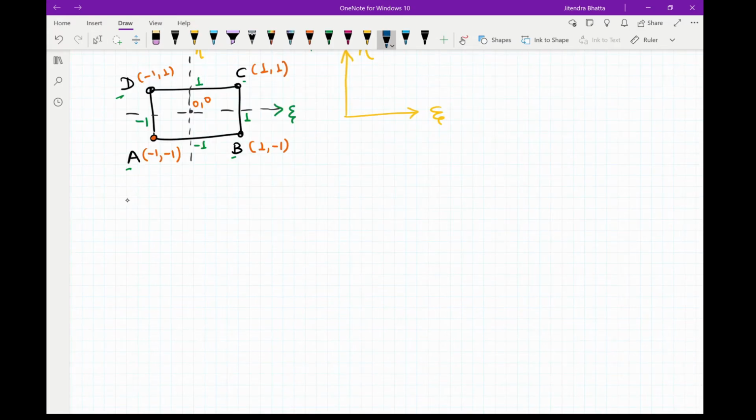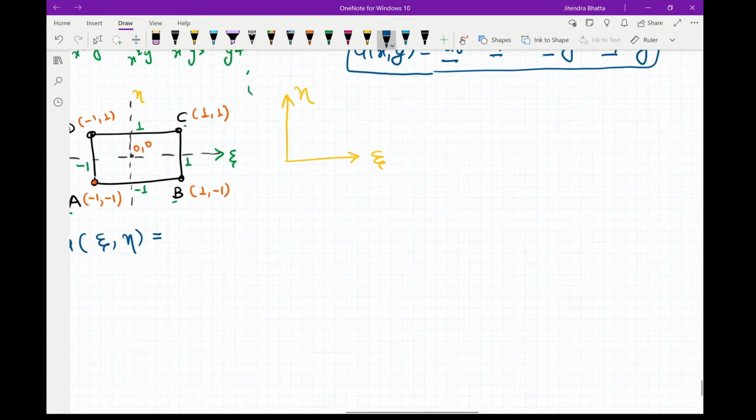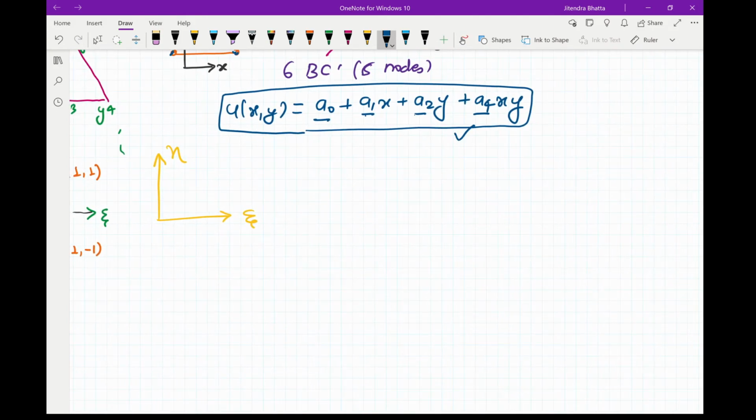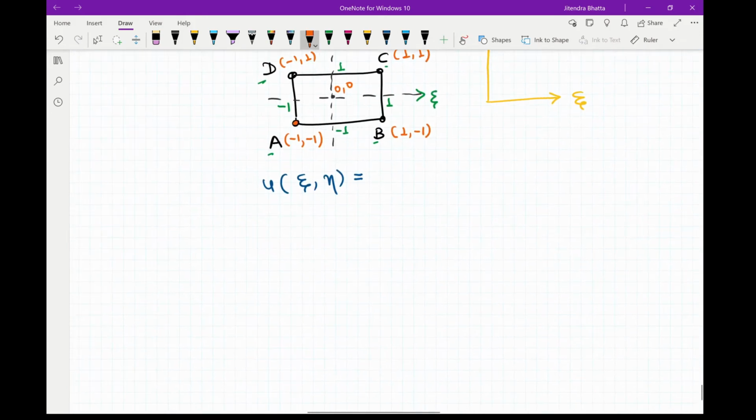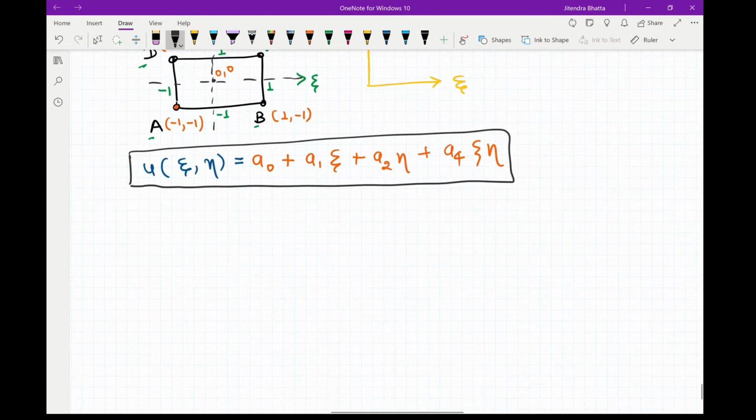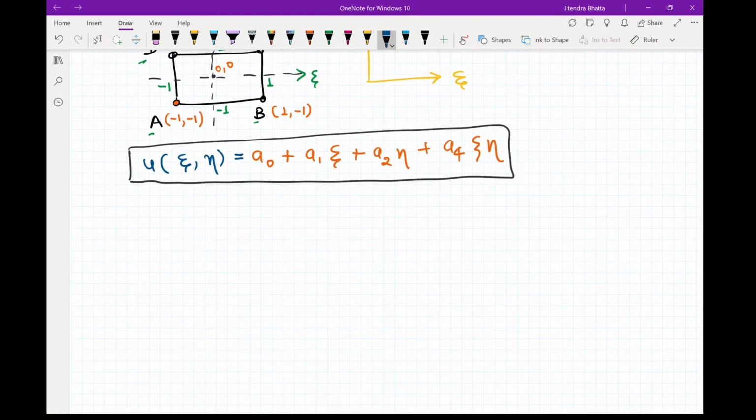Now let our solution u as a function of xi and eta be of this form here. Now in terms of x, we write xi. In terms of y, we write eta. Now I can write this in matrix form.